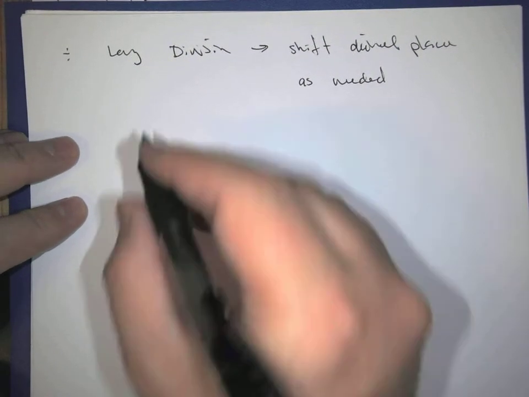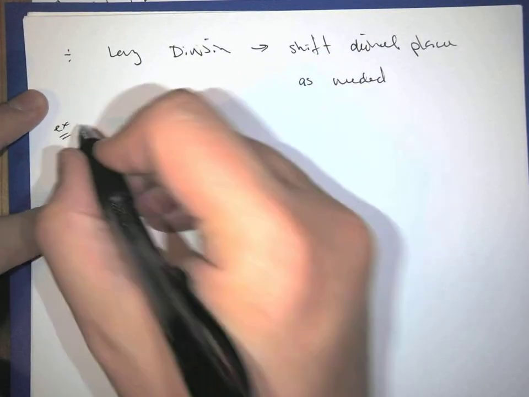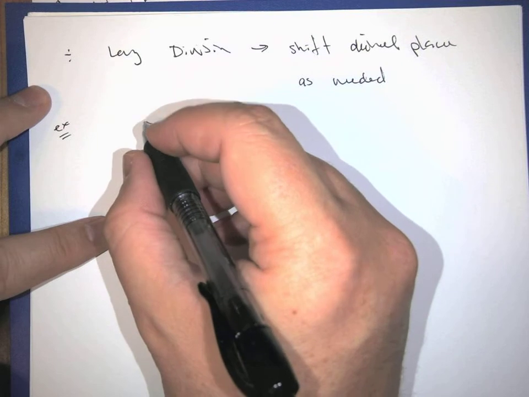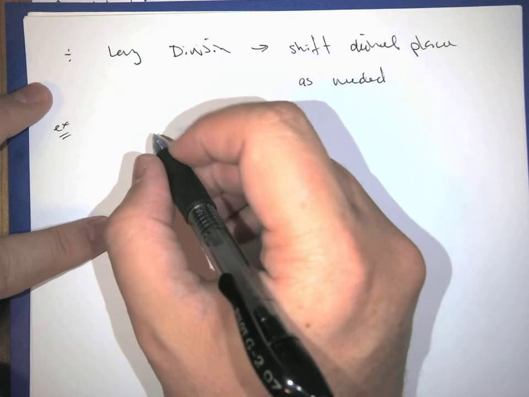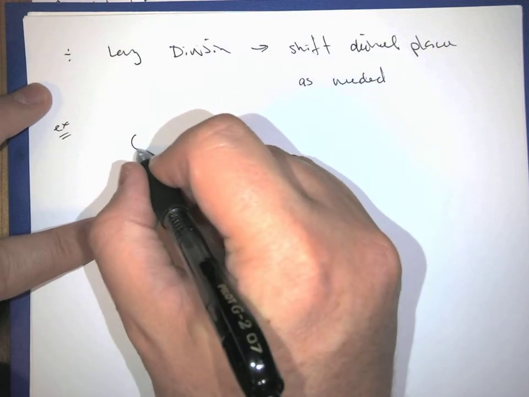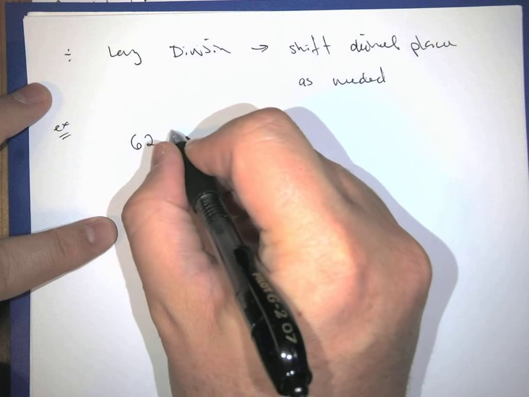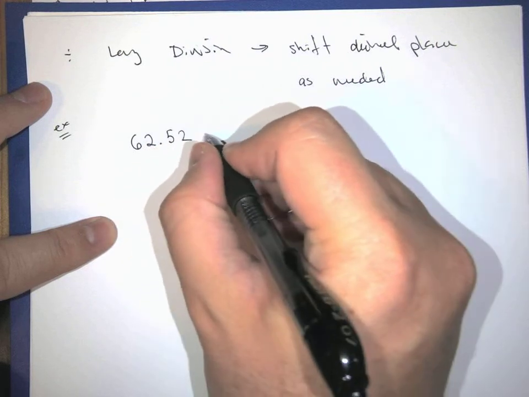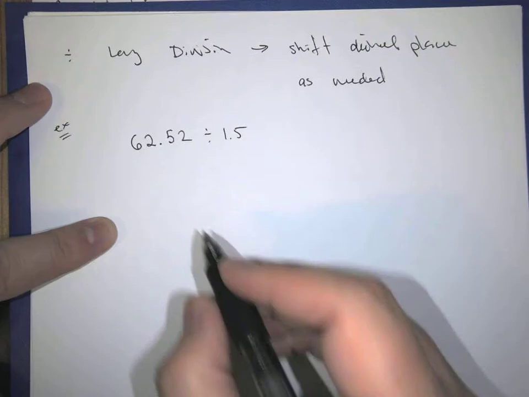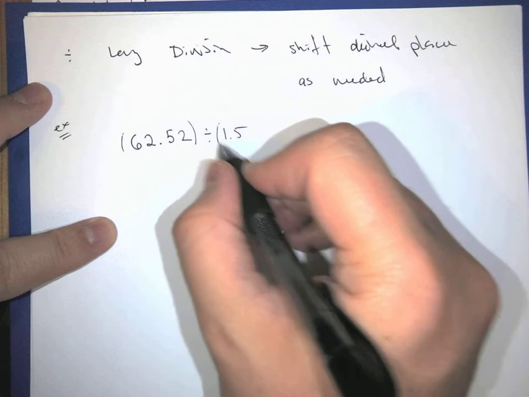So, for example, let's start with something where we have a pretty good idea of what to expect. Maybe 62.52. Let's divide it by 0.15. I'm sorry, 1.5.